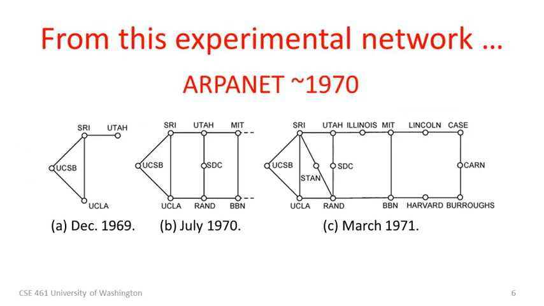So the internet had very humble beginnings. It began as this small experimental network called the ARPANET around the beginning of 1970. This figure shows the evolution of the network topology, starting from a very modest 4 nodes in 1969, and then progressing as the topology becomes a little more complicated and nodes are added to this diagram.